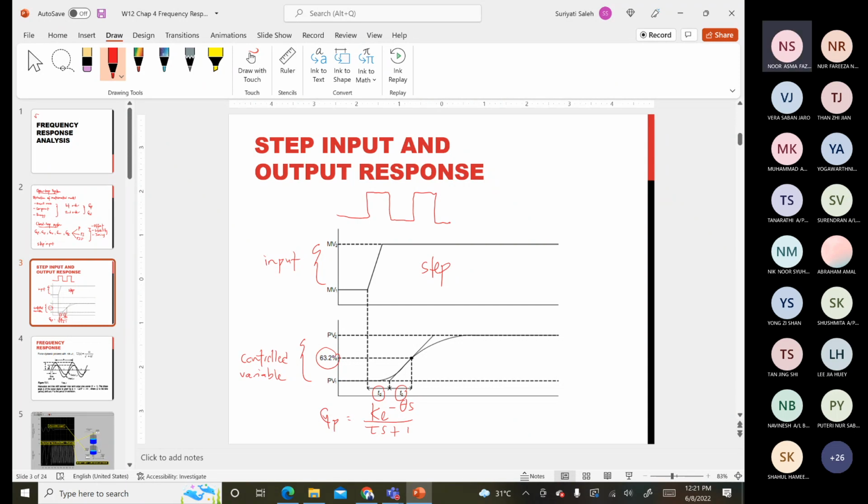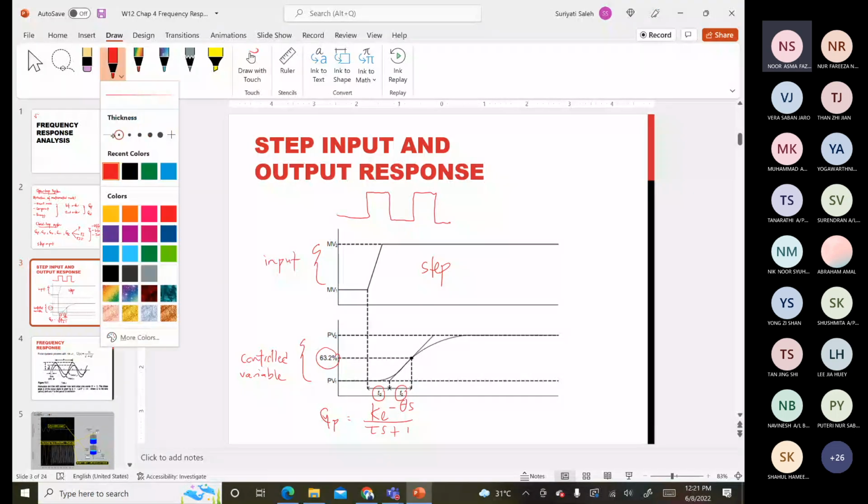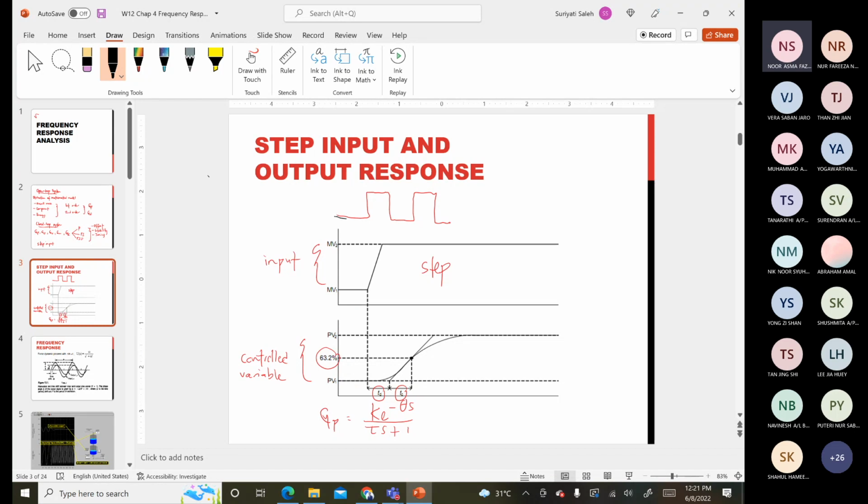So this is the different kind of input. Sometimes we call it a frequency. When you have the input increment and decrement like this, sometimes it can be represented as a sinusoidal input.